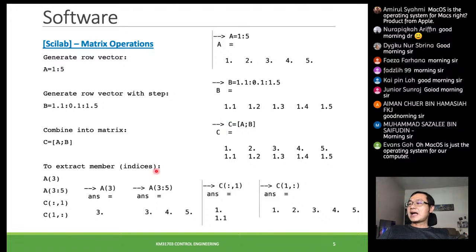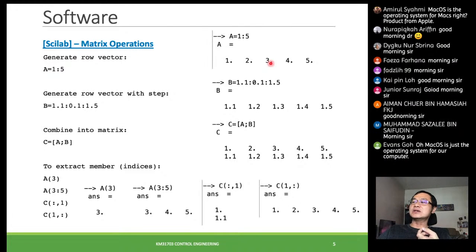Next is how you can identify or extract the exact value from that matrix. Let's say in A you would like to know the third number: first, second, third. I don't care what the value is, but I want to know the value of the third member.